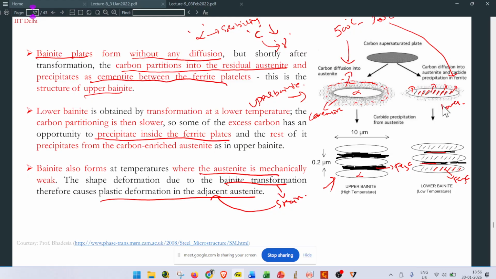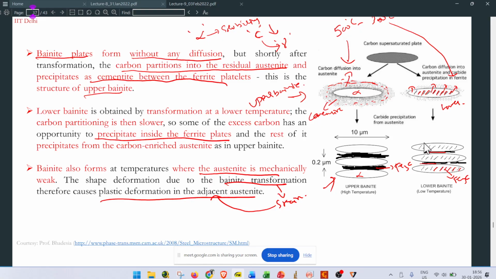But in the case of lower bainite, because of the lower temperature there is a lower diffusion rate. So the Fe3C phase cannot completely exit the alpha phase, and it forms needle-like structures inside the alpha phase as well as between the alpha phases.